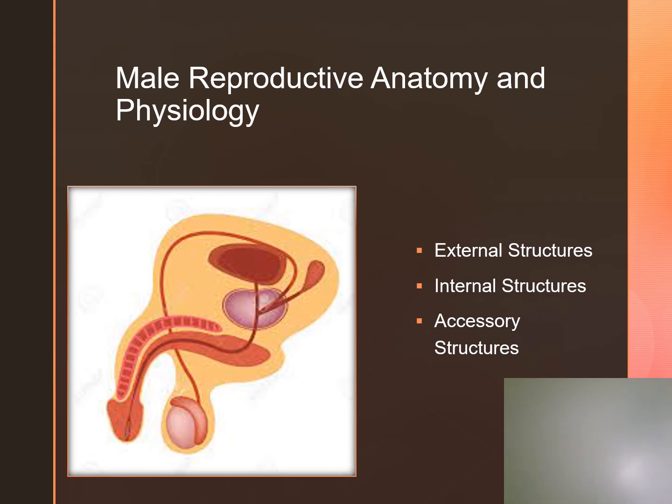The testes are the male gonads, and they cannot produce viable sperm when the temperature is at or above body temperature. In other words, it cannot be too hot. The testes produce sperm and secrete testosterone, which is referred to as spermatogenesis.